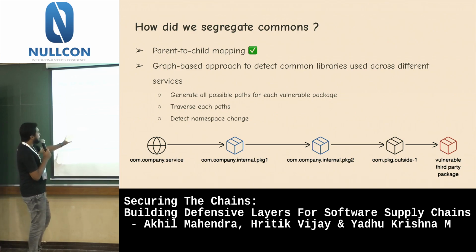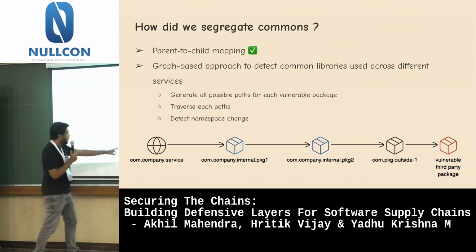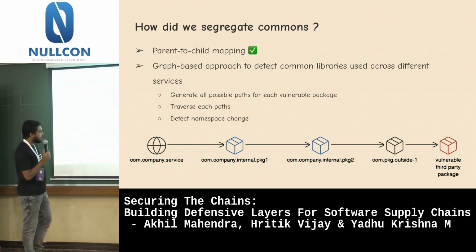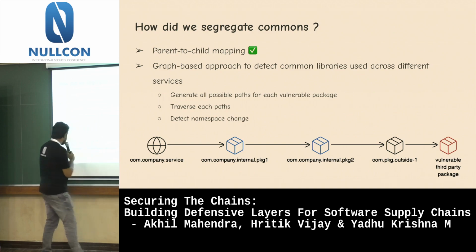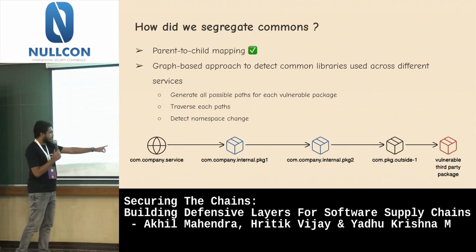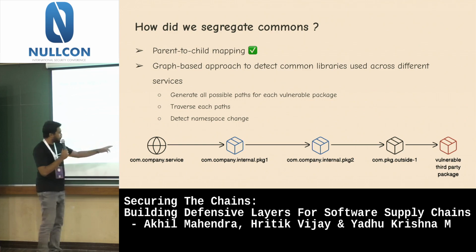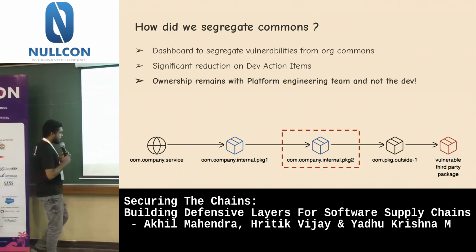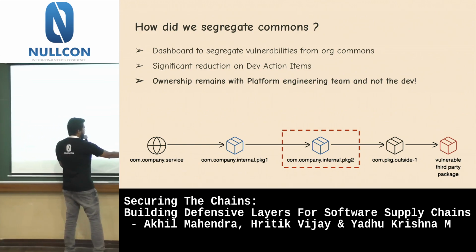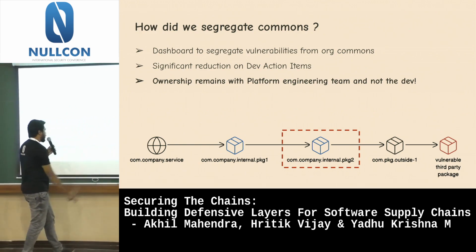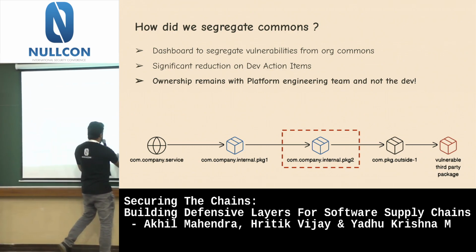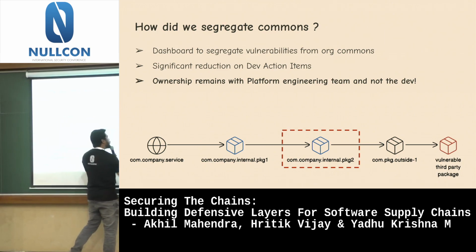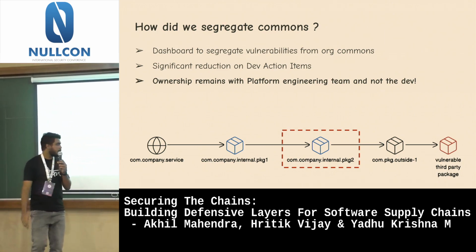So basically this is how it is. Here we get the path. This is the full path of how a vulnerable package was introduced. Now if you see, this is the main service and that is the vulnerable package. It is imported through a chain. We iterate backwards from the vulnerable package and try to see where the package namespace changed. So here, this is some outside package, it could be a publicly available package.